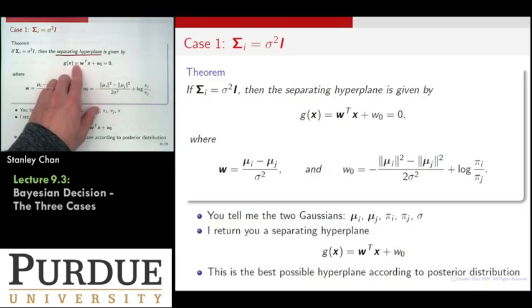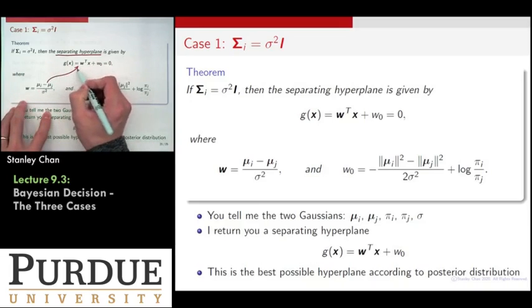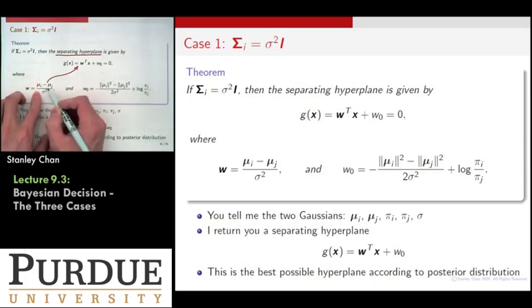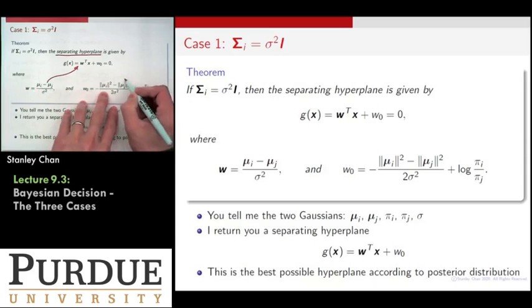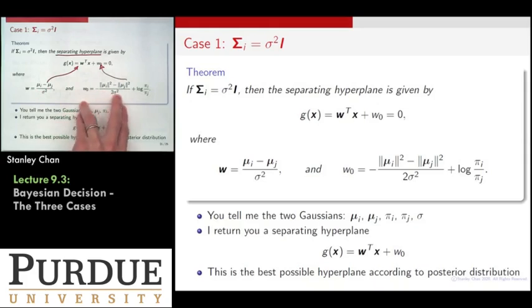So that's the separating hyperplane. The w will be given by this. It will be the difference between the two means. And then the w0 will be given by this slightly more complicated quantity that involves the mean, the variance, and also the priors.